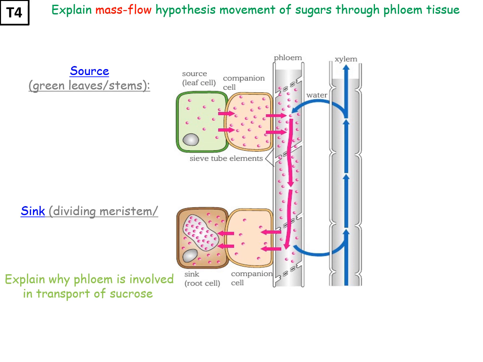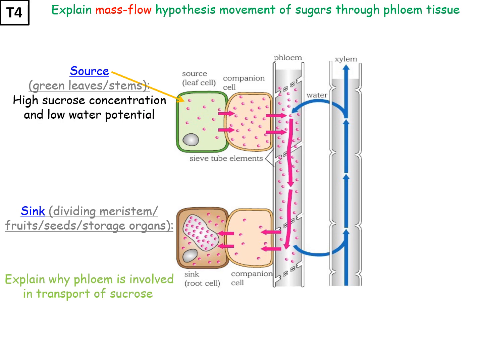That could be a dividing meristem area such as the tip of the roots or the tip of the shoot, but also other parts of the plant such as fruits, seeds, or storage organs such as potatoes, because they do not do photosynthesis. In the source, there is a high sucrose concentration and a low water potential. And in the sink, you've got a low sucrose concentration and a high water potential.